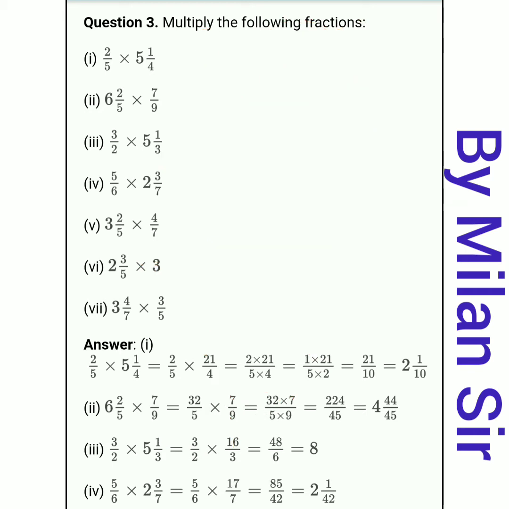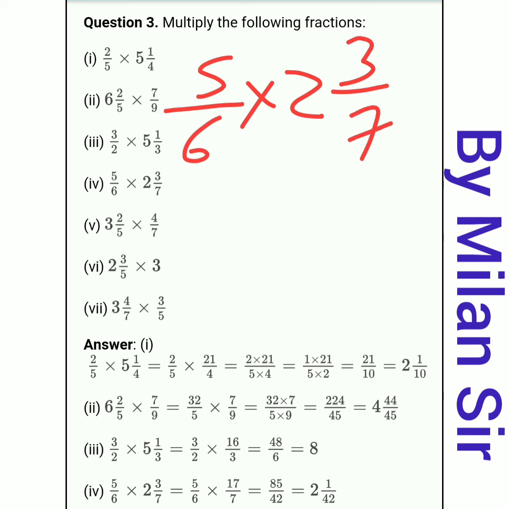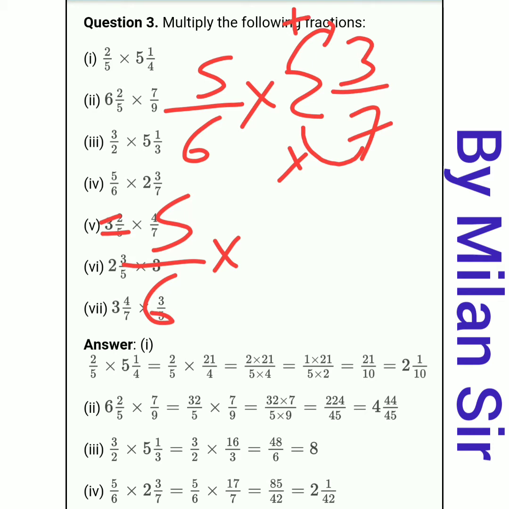Then question number 4, 5 divided by 6 multiply 2 integer 3 by 7. First of all 5 divided by 6 as it is. Now convert this mixed fraction into improper fraction. So 7 2s are 14 plus 3, 17 divided by 7 as it is.